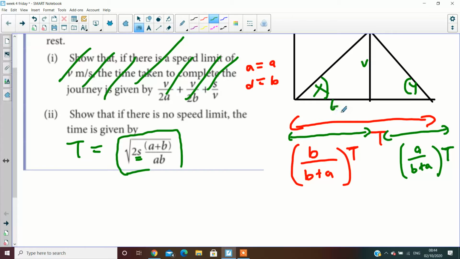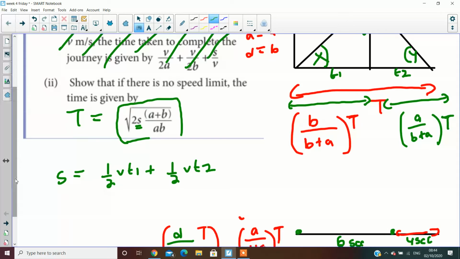You can call this T1 and this T2 if you want. What's the only way you're going to introduce an S into your answer? A half V T1 plus a half V T2. Everybody okay with that?